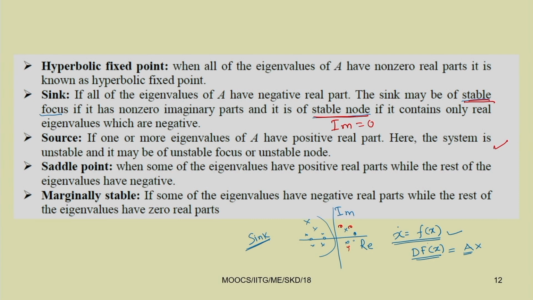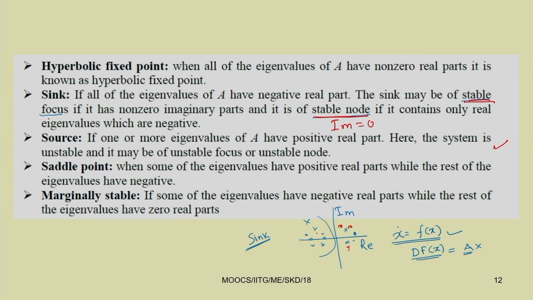If it has a non-zero imaginary part, we get an unstable focus, and if it has 0 imaginary part but is on the right hand side, then it will be an unstable node.